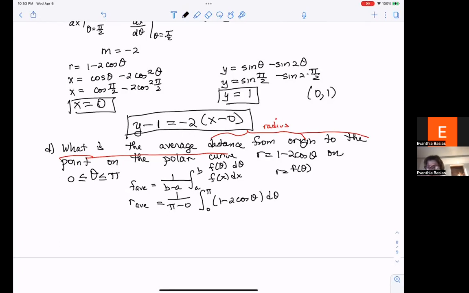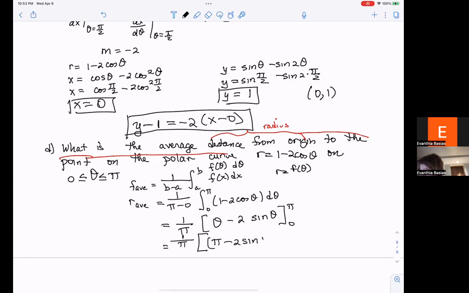And this is not bad to integrate. We don't need u-sub. The integral is theta minus 2 sine theta from 0 to pi. So we could factor out the 1 over pi, and we get pi minus 2 sine pi minus 0 minus 2 sine 0. This is 0. This is 0. So the answer is 1 over pi times pi, which is just 1.